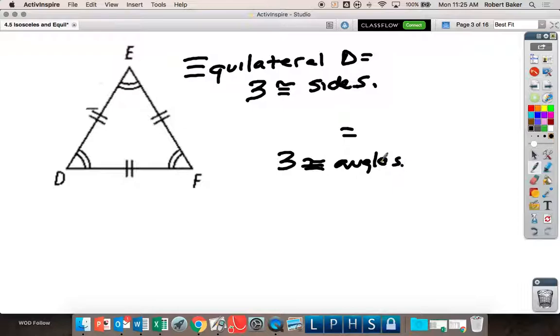Equiangular. An equiangular triangle is a triangle with 3 equal angles, or 3 congruent angles. That might be very nitpicky for some of you, right? Why does that triangle have 2 different names?